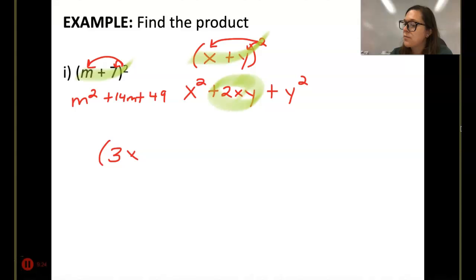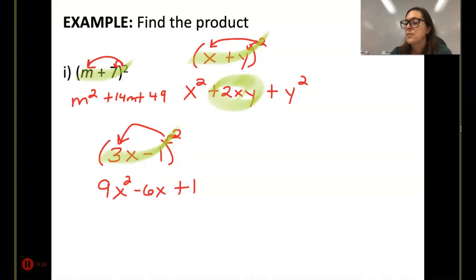So let's do something like 3x minus 1 squared. So squaring the first, 9x squared, square the last, negative 1 squared is positive 1. Now multiply all 3 of these together. 3x times negative 1 is negative 3x times 2 is negative 6x. So we get 9x squared minus 6x plus 1.